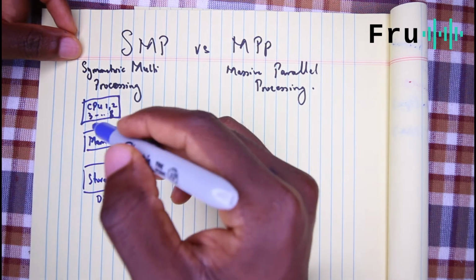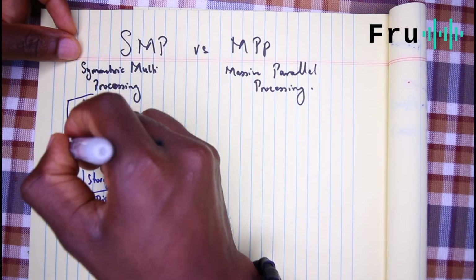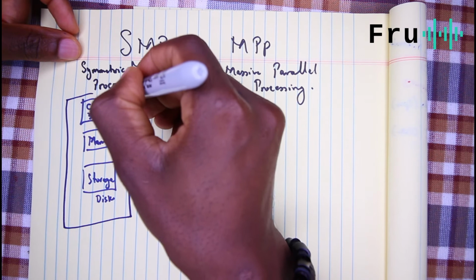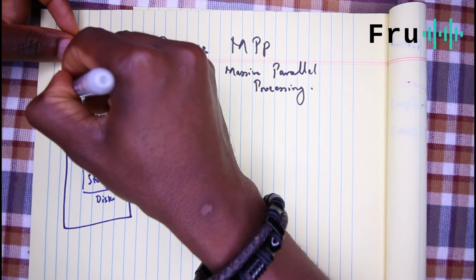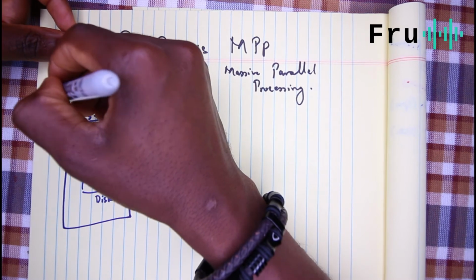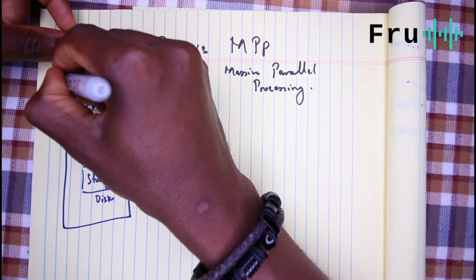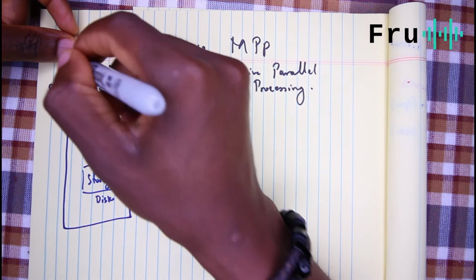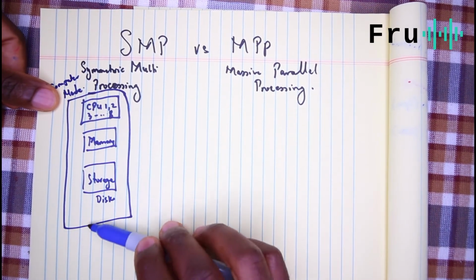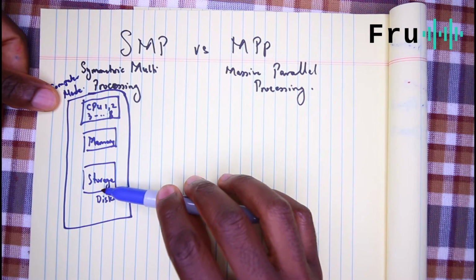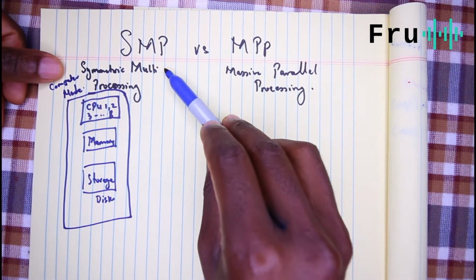And the way they do that is they package all of this in a box, and we can call this a node, or we can just call this a computer. The term that you might use in the industry is a node. So they'll package all of this in a node and ship you this one box. This is what symmetric multiprocessing is.